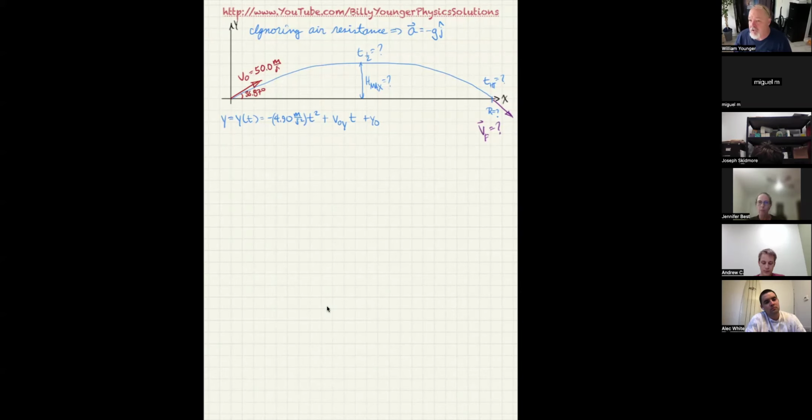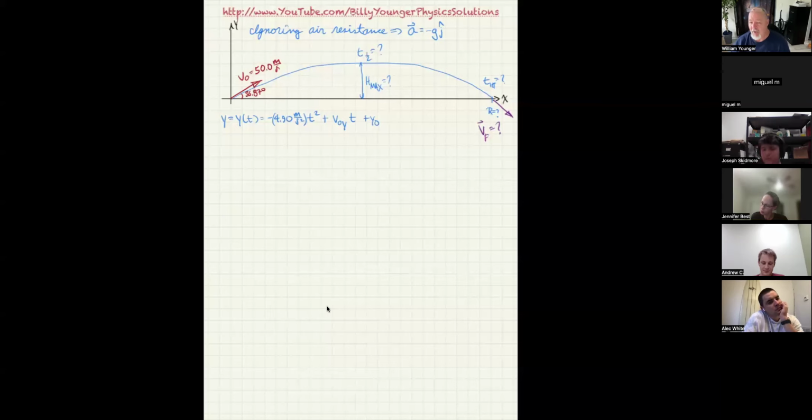Now, I almost never use a y0, but the times that I do use an initial coordinate, it's in the y direction. I've never used x0 being anything other than 0, but y0, I have occasionally done that. For instance, if you're firing off of a cliff onto the ground below, then you might want to say y0 is the initial height, and you'd put the origin down below at ground level. If you're firing it out of a hole, you might want to say that the origin is up above, and therefore the y0 is a negative number.